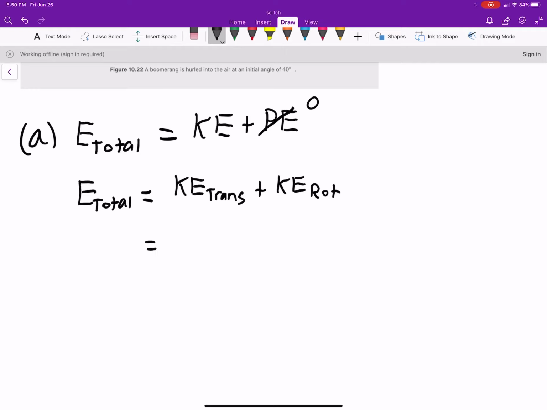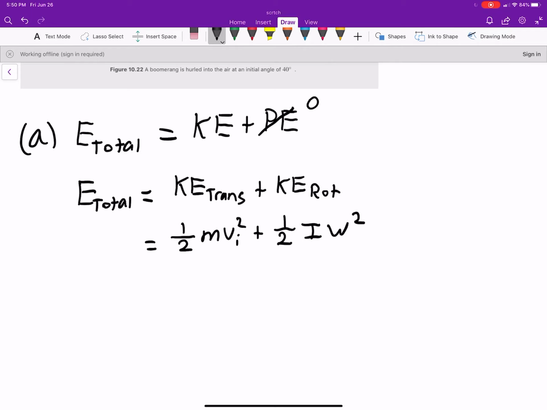The translational is just like we would do before, 1/2 m v initial squared. Rotational kinetic energy is 1/2 I omega squared.